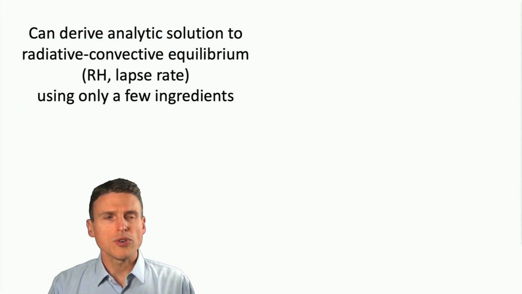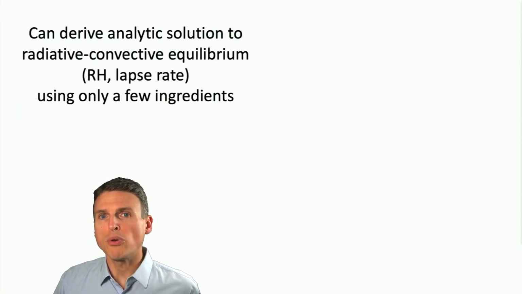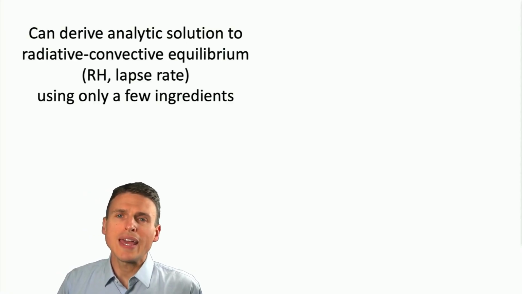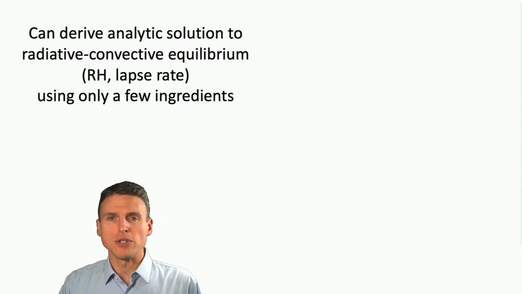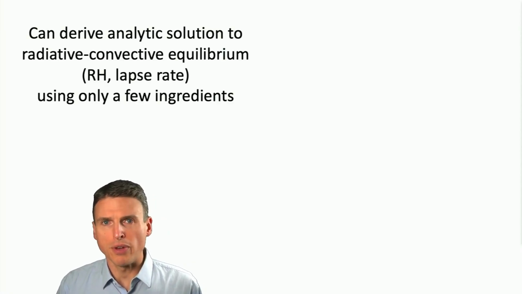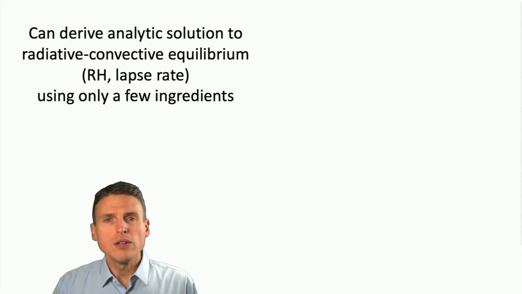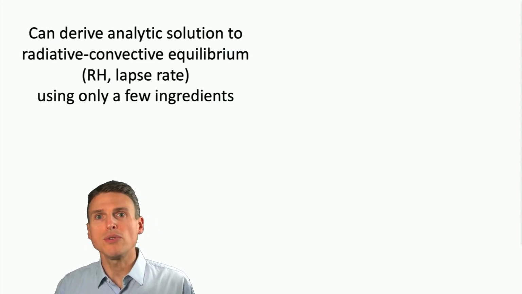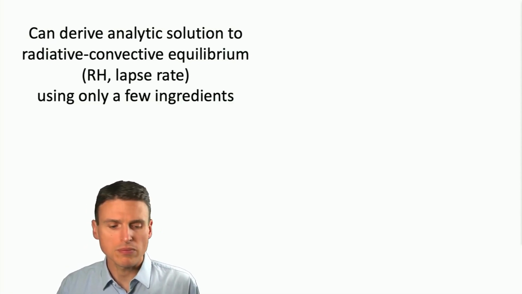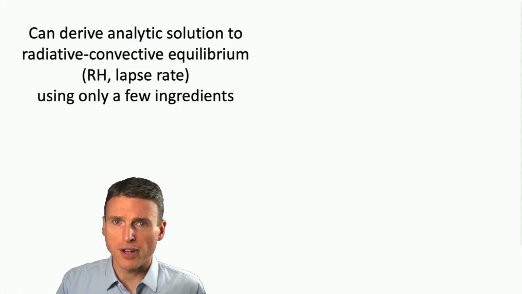First, let me tell you about some old results, which are that we can derive analytic solutions for radiative convective equilibrium, properties such as relative humidity and the lapse rate, using some really basic ingredients. These are results that go back to a 2014 paper. The ingredients are as follows.